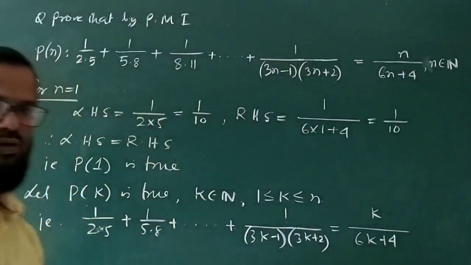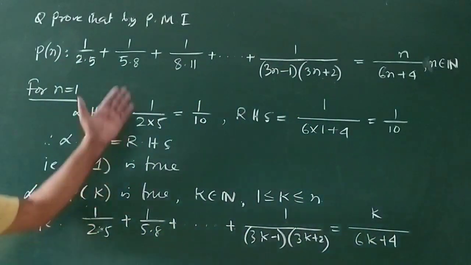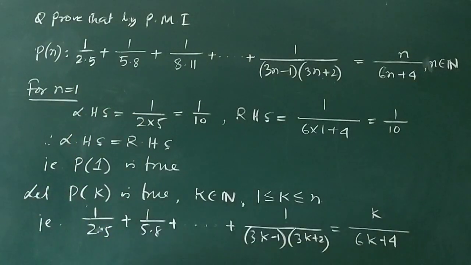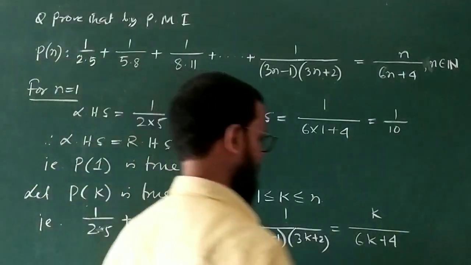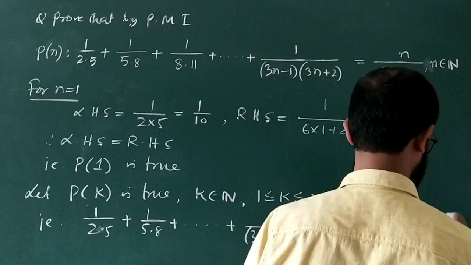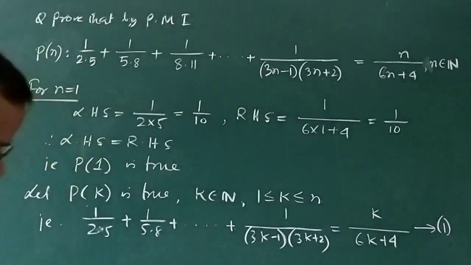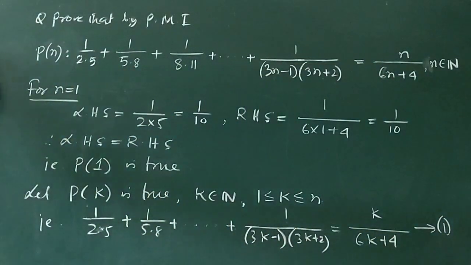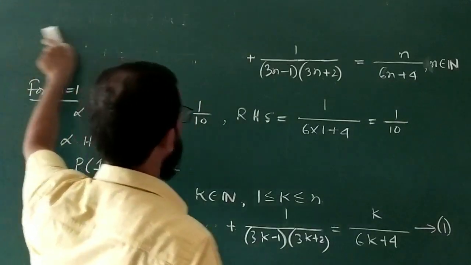So there is nothing in this particular problem. When Pk is true, you have to replace n by k only. Understood? So this is equal to this. It is already true. This is relation number 1. Okay. Now we are going to prove that the statement is true for n is equal to what?